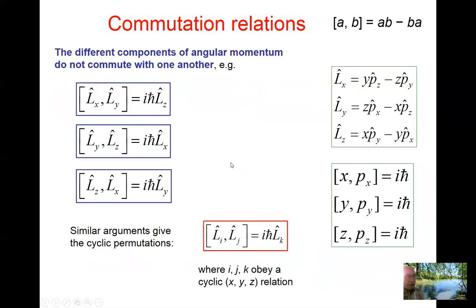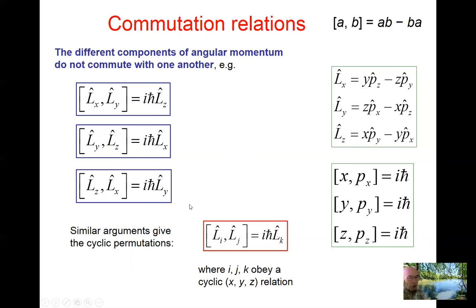Okay, so the first thing which we need to do, we have moved through, say, the first and second postulates, and now we need to understand what the commutation relations are. This is part of our second postulate of quantum mechanics. So we always need to check which of these components of orbital momentum will actually commute with each other.